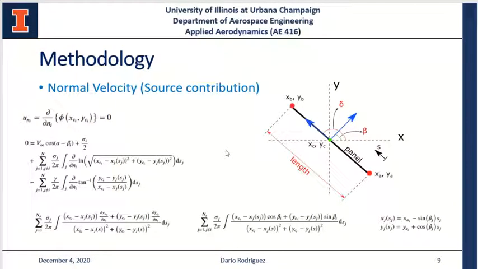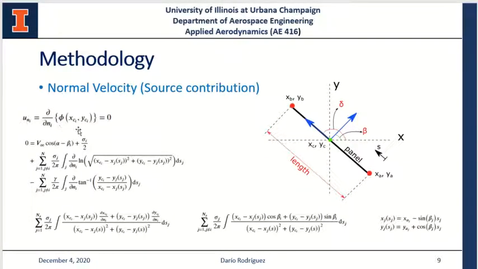Getting inside all of the equations that I presented, since we have to enforce that the normal velocity should be 0, we can get the normal velocity by deriving the flow field with respect to the normal vector.